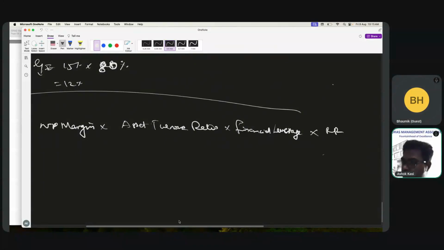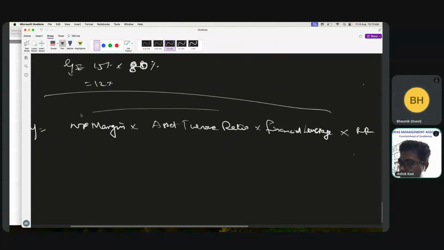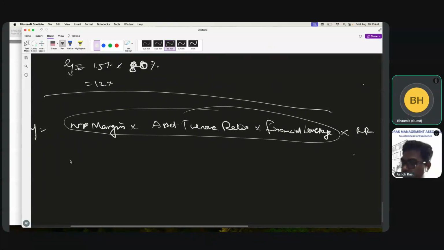I can say like this, right? Because all these together are return on equity.